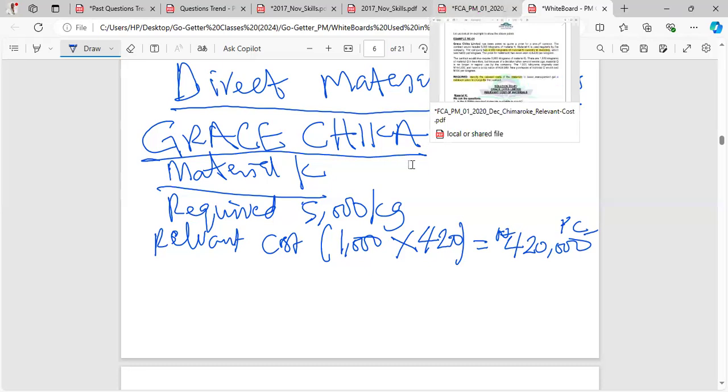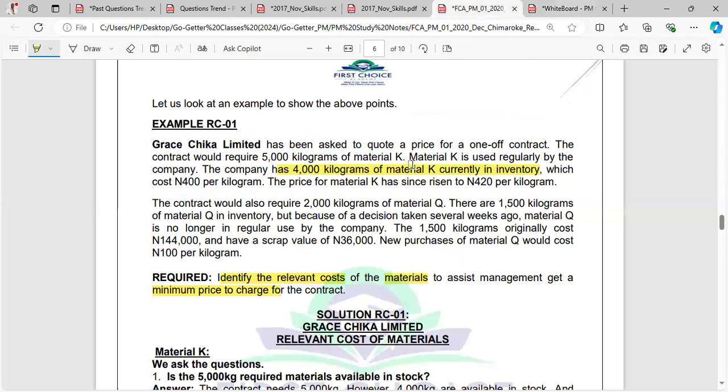Now, as we buy this 1,000 to make up this 5,000, that means we've answered the first question. Is the material in store? We have partially answered yes. And we say when it is in store, we go to the next question. When it is not in store, we've answered that part. We went to buy. We've concluded the one of going to buy.